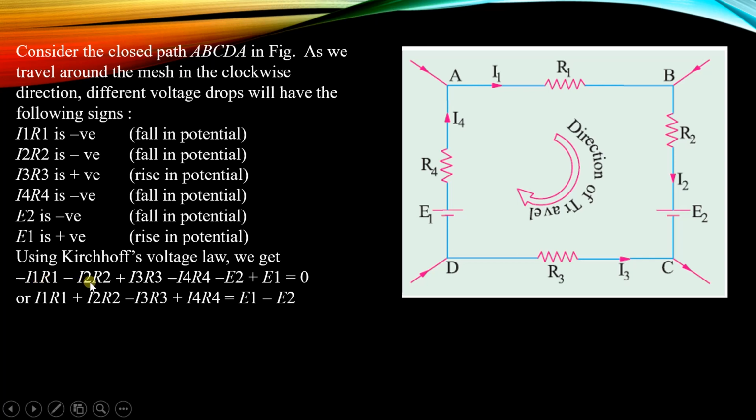I1 R1 minus I2 R2 plus I3 R3 minus I4 R4 minus E2 plus E1 is equals to 0. And it can be rewritten as I1 R1 plus I2 R2 minus I3 R3 plus I4 R4 is equals to E1 minus E2.